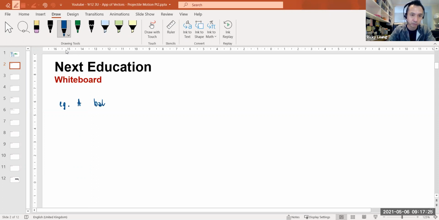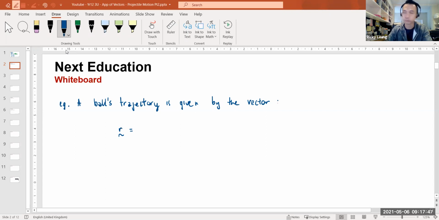A ball's trajectory, the path, is given by the vector 20t i plus... In these questions where they give you the vector, it's pretty neat because they don't need to give you the angle and the initial velocity.